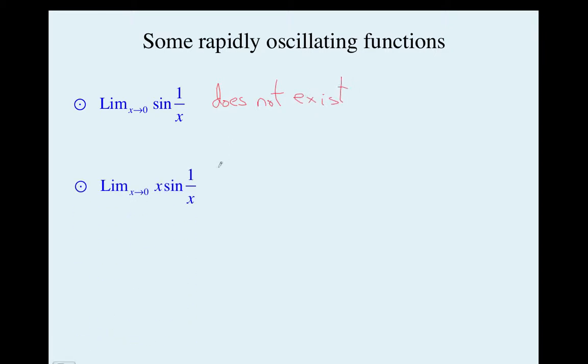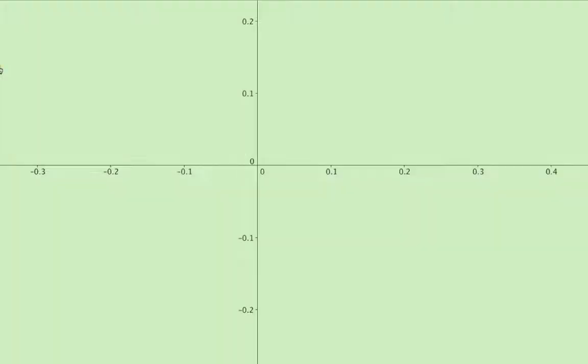Well, let's look at this one. Here I have sine 1 over x, but it is multiplied by x. And so you would expect that this will have a different behavior. Let's have a look to see what it looks like.